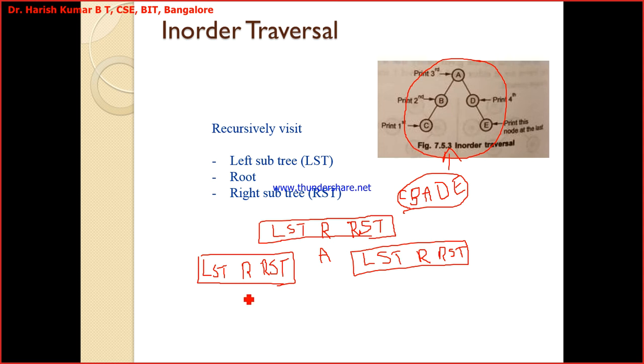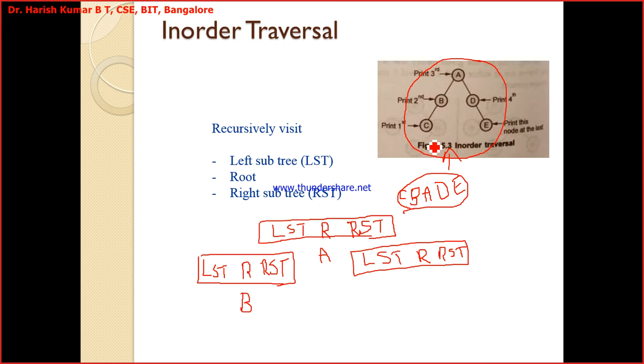Now here in the place of R, I'll write B. Next, I check whether there is a left subtree for B. B has a left subtree, C, and after this there are no more nodes.